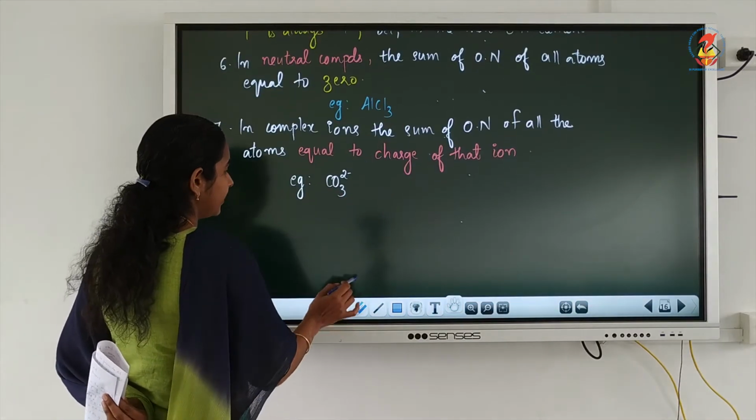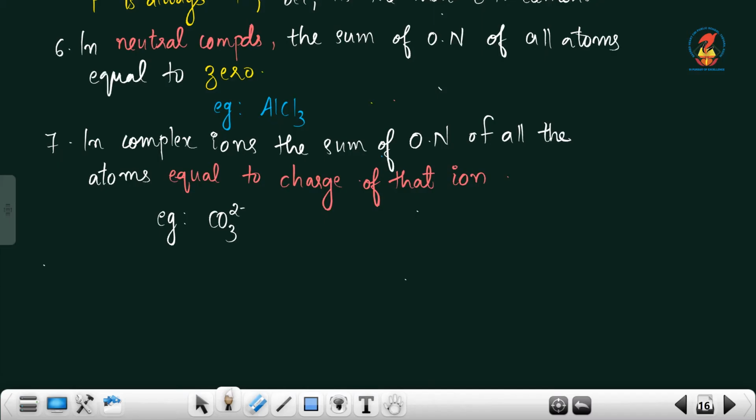Now the next rule is, if the given species is a charged species like a complex ion, or complex ions are also known as radicals. So in the case of complex ions or radicals, the sum of oxidation number or oxidation state of all the atoms present should be equal to the charge of that ion.